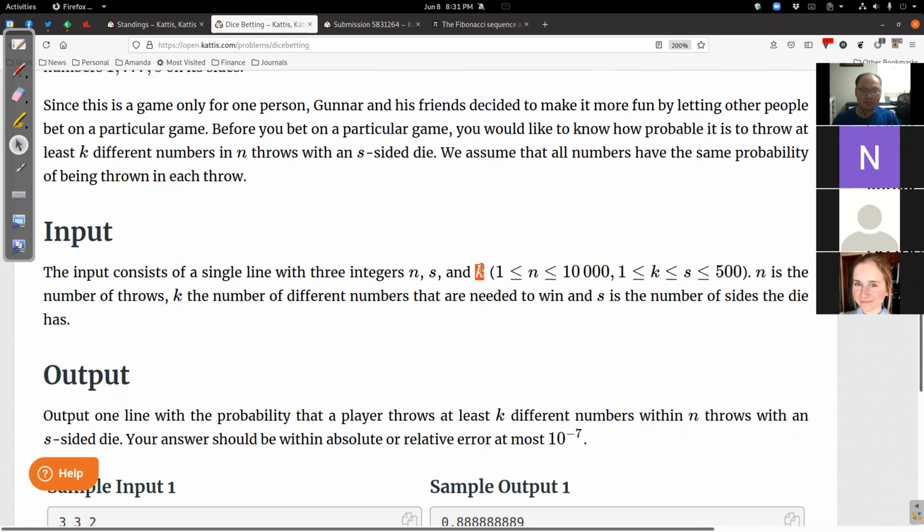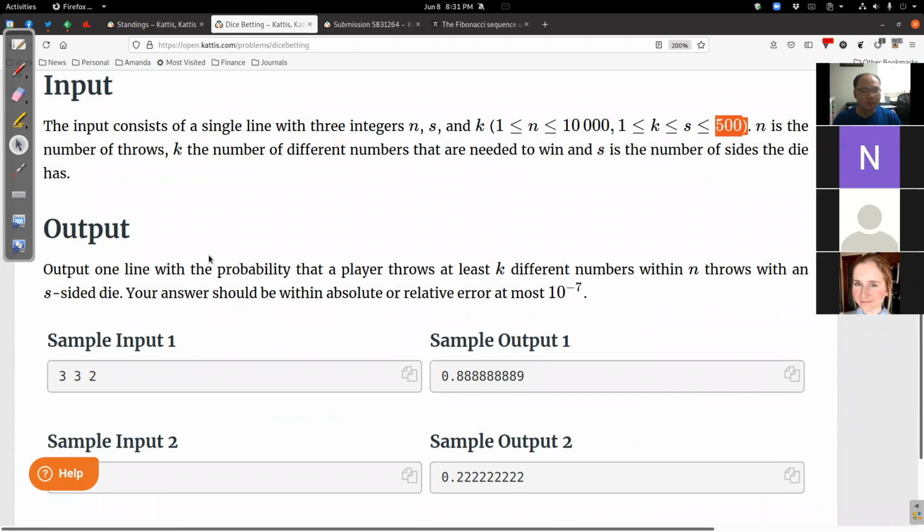K is the number of different numbers you want to see, at least, up to 500. And S is the number of sides of the die, which is also up to 500. Output one line with the probability that a player throws at least k different numbers with n throws with an S-sided die.